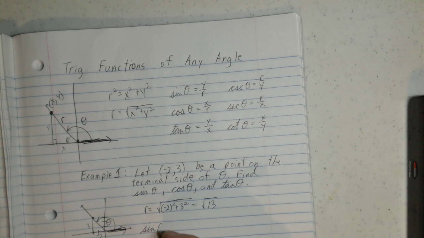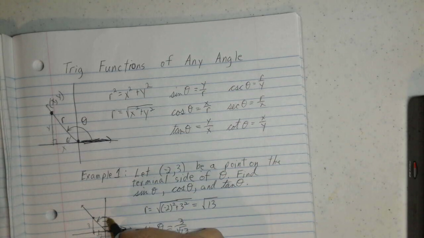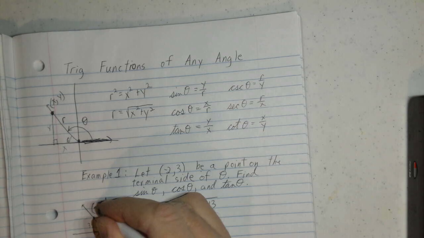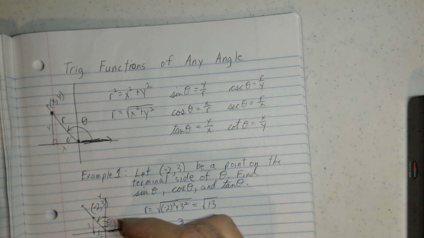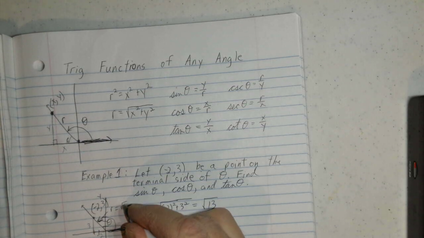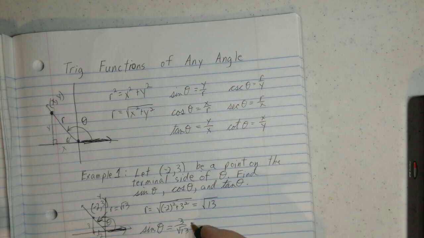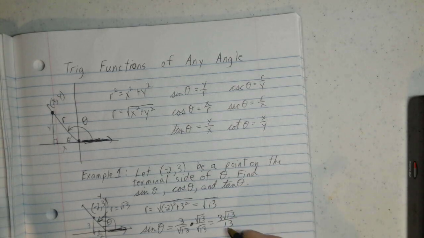So the sine of theta is 3 over the square root of 13. The y over r, where r is the square root of 13. And I'm going to rationalize that denominator, and I have 3 radical 13 over 13.